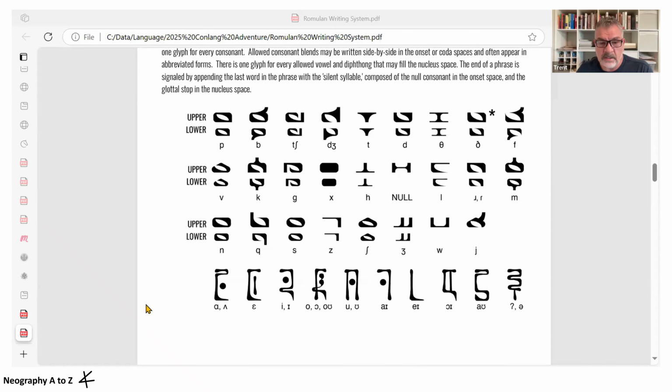Again, you can see there is a null onset to fill the onset position in syllables that have no initial onset, but you never write a null glyph in the coda position. If there's no coda, you simply don't put anything in the lower position.